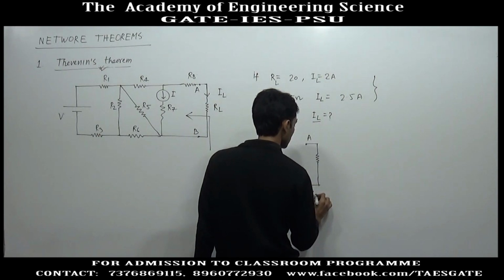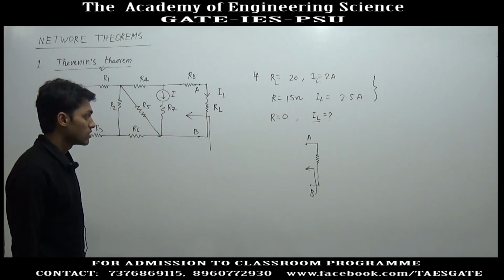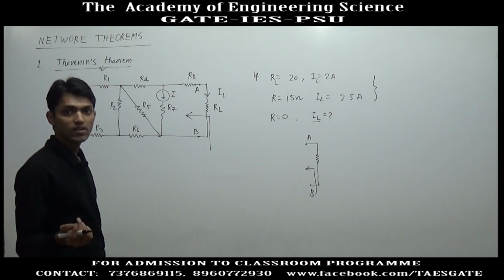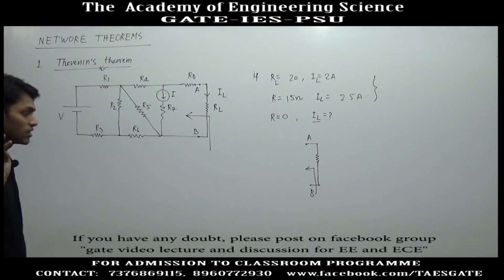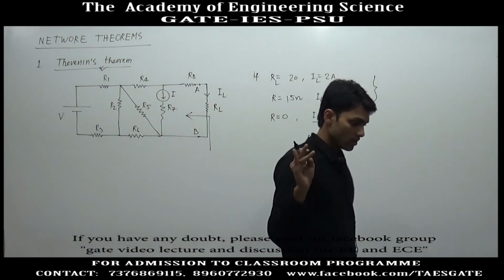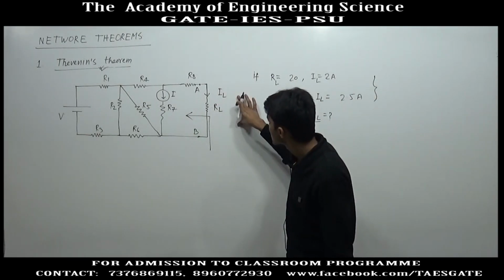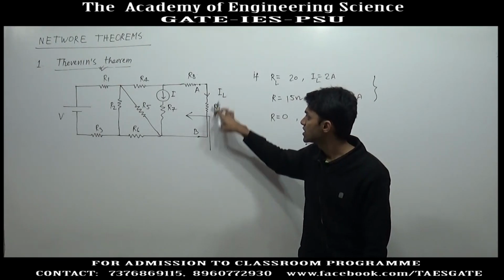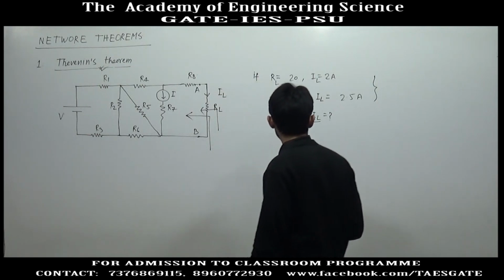Now there will be a transformed circuit to the left of terminals A and B, and that transformed circuit will consist of a single voltage source and a Thevenin equivalent resistance. The Thevenin equivalent voltage will be the open circuit voltage across terminals A and B, and RTH will be the resistance seen from these terminals.